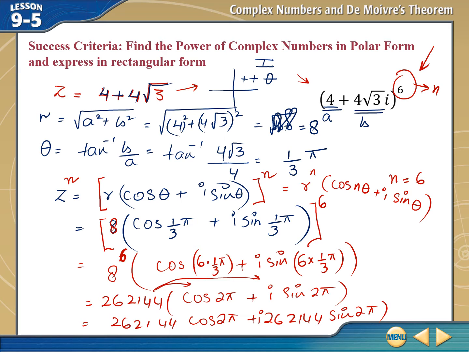Because the value of cosine of 2 pi is 1, it will give you 262144. And now find out 262144 times sine 2 pi. If we write sine 2 pi, you will get 0, plus 0i. So the answer is 262144. So this is your answer.